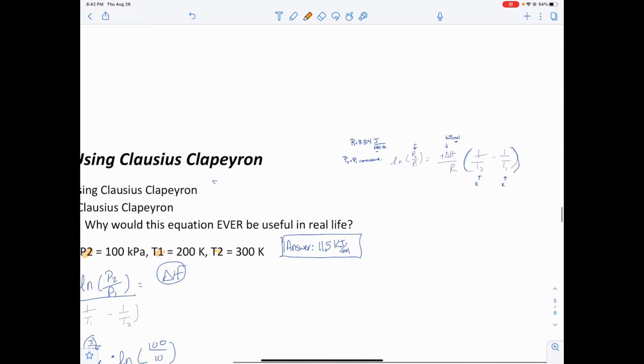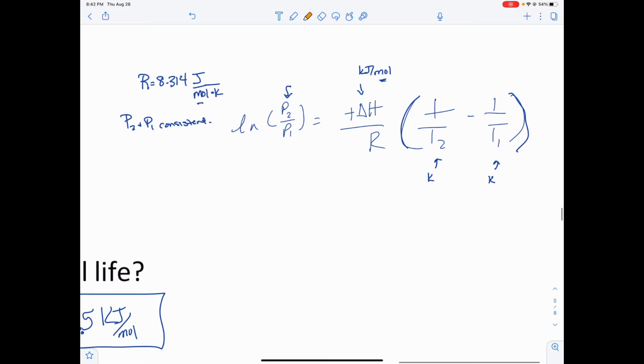So I'm going to go back over to this one here. To solve for delta H, we have to get the H all by itself. So we want to multiply both sides by R and divide both sides by this term right here.